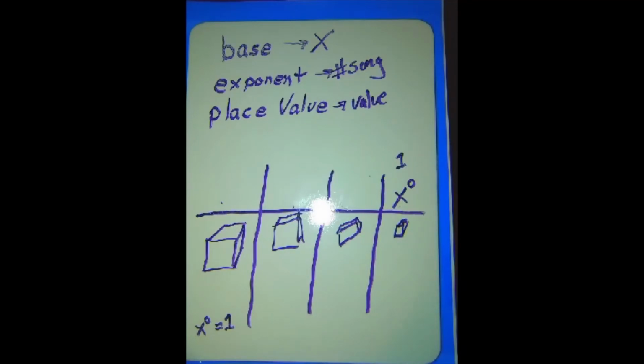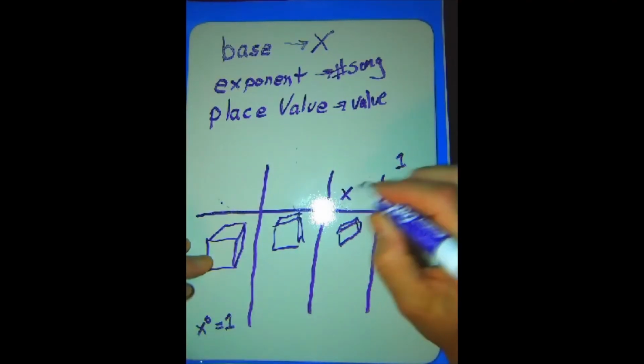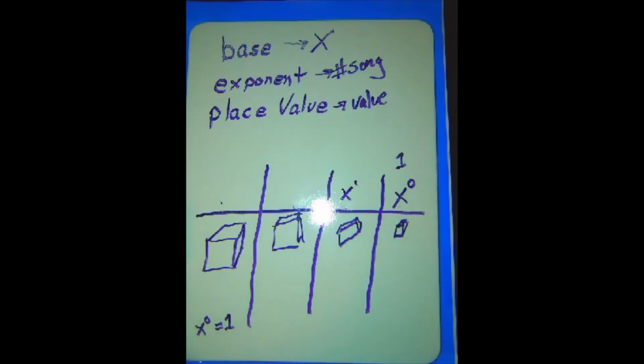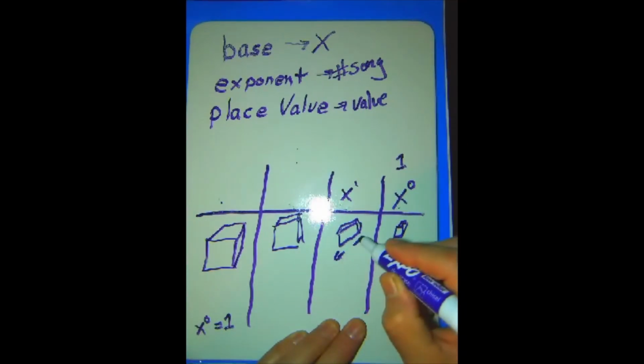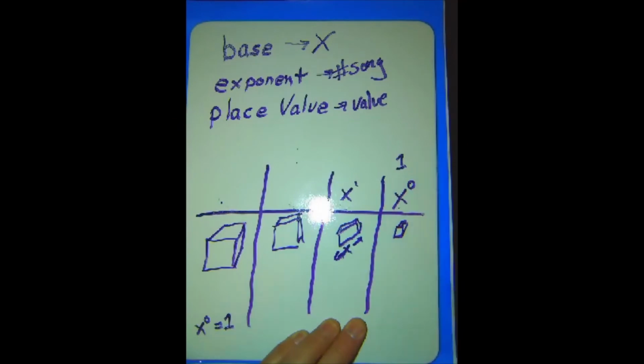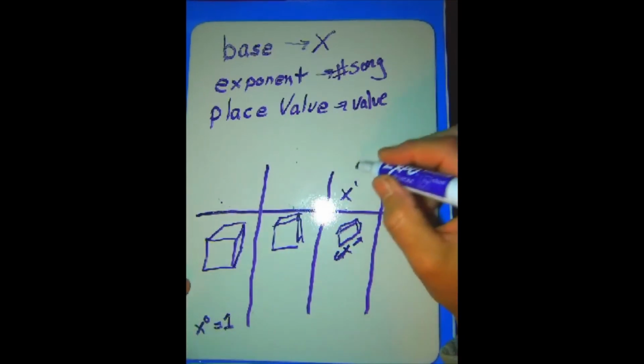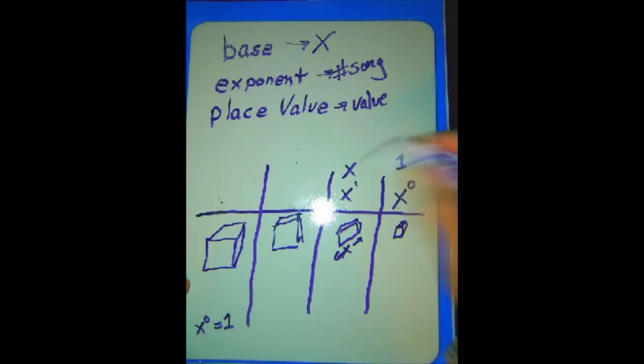When we group them for the first time, regardless of what base it is, we can arrange them from end to end. And so what we're going to end up with is a long of length x, and so x to the first power will give us x as our place value.